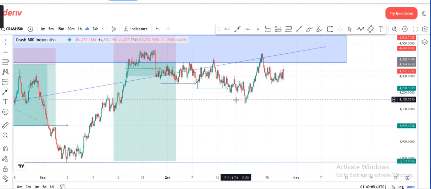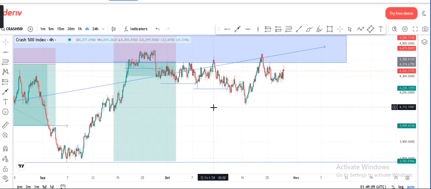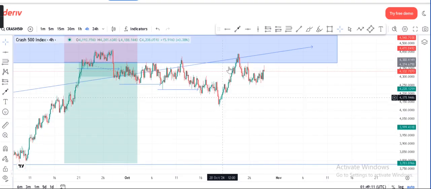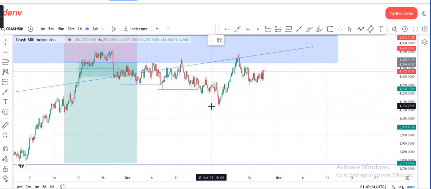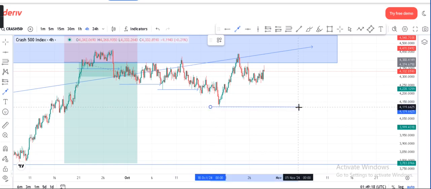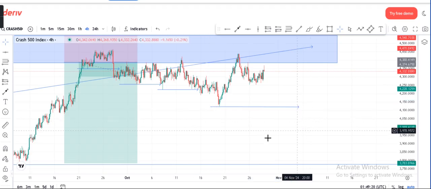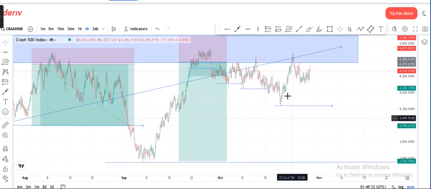So these are the levels that have been taken out. Now, the next level to be taken out is this particular point. But that is for a short-term trade, and we are actually looking long-term. That's why we are looking for this point. But this is actually the next level to be taken out.